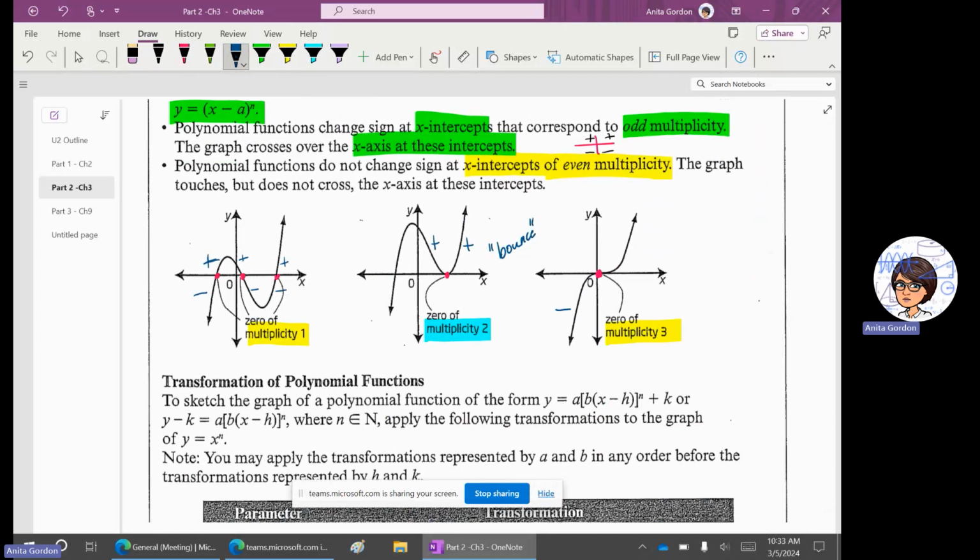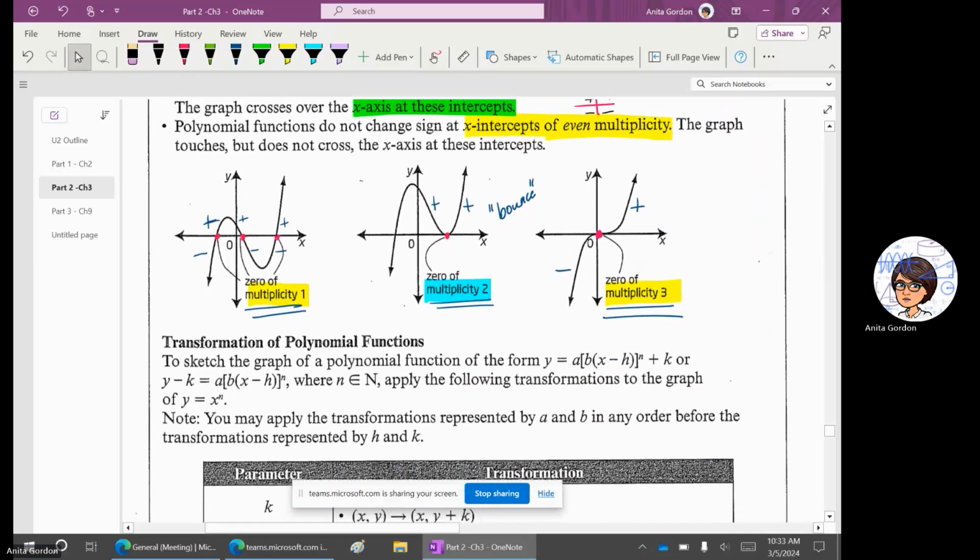We have y values negative, we cross over the pink point, and now our y values are positive. So odd multiplicities give us a change in y values, so we're crossing over to the other side. But even means we are touching it and going back to where we came from.